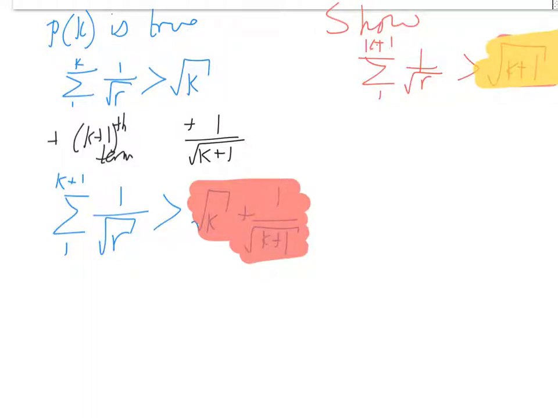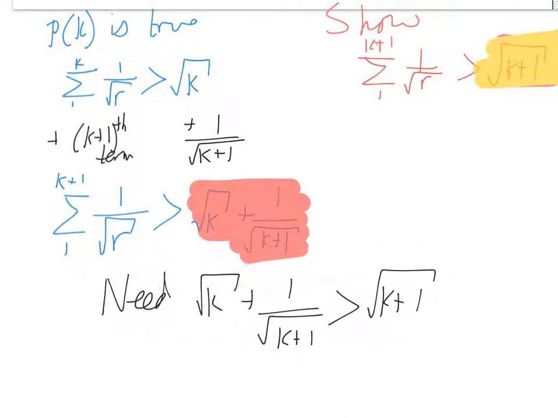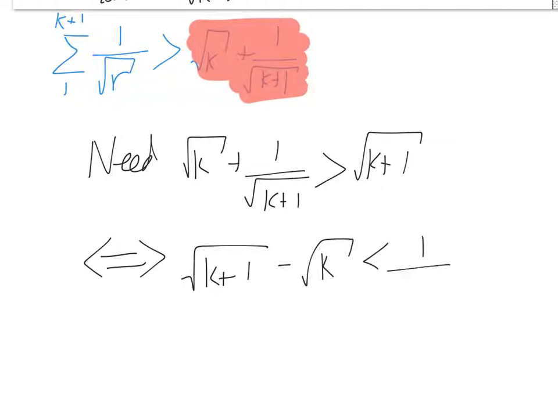I need to show that root k plus 1 over root k plus 1 is bigger than root k plus 1. Alternatively, that's equivalent to root of k plus 1 minus root k being smaller than 1 over root k plus 1.